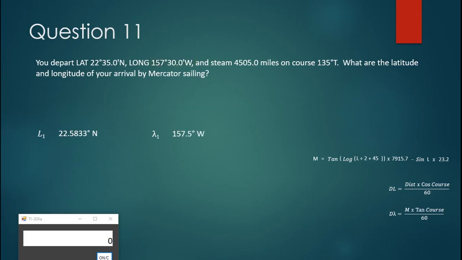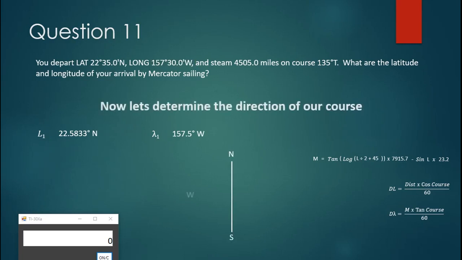Okay, and at this point we need to determine the direction of the course as far as what quadrant of the compass it lies in. 135 is over here in the southeast quadrant. So we'll put our south and east up here with our latitude and longitude.